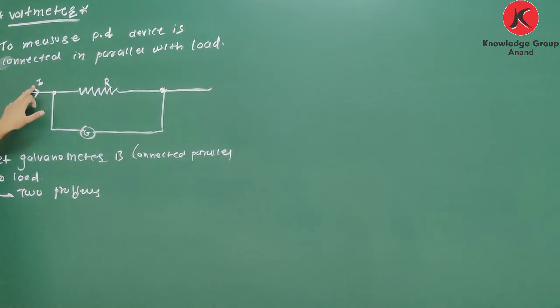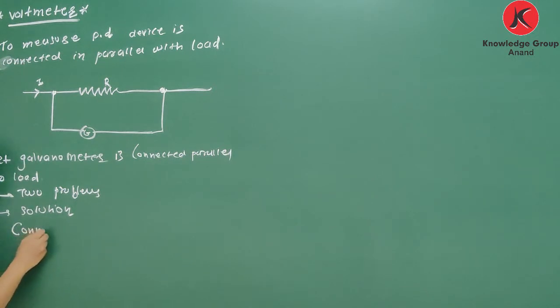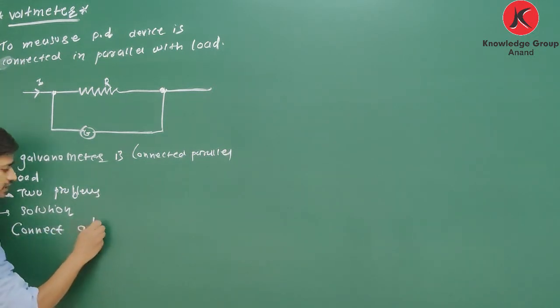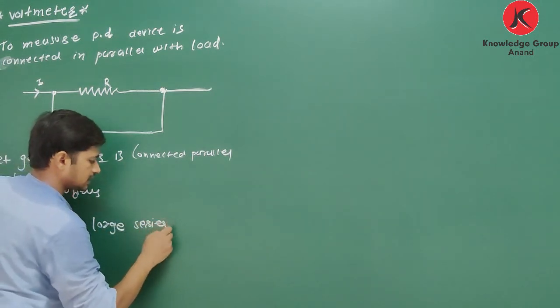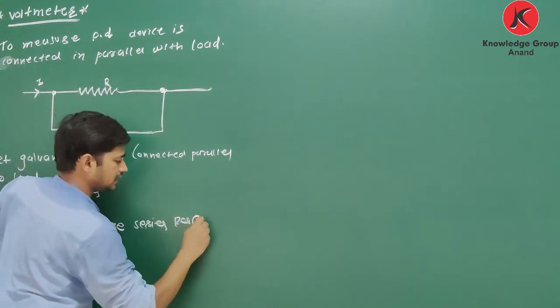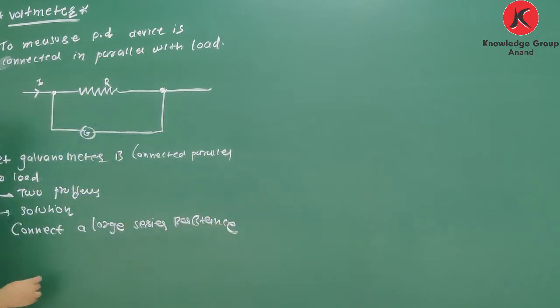So this current I also changes, because this I is distributed in two parts. So what is the solution? The solution is to connect a large series resistance with the galvanometer.